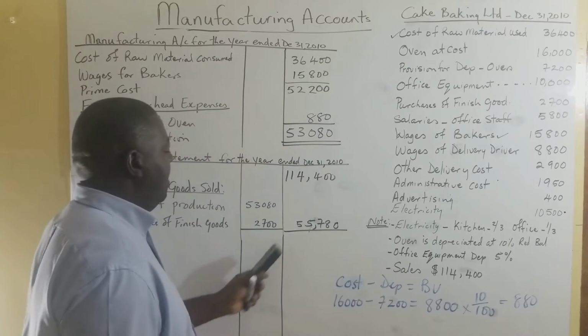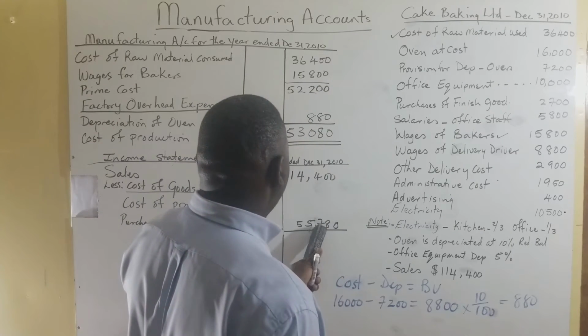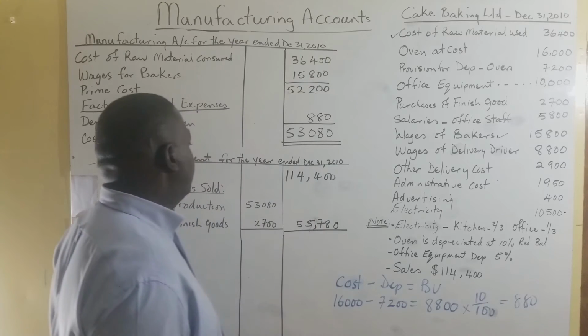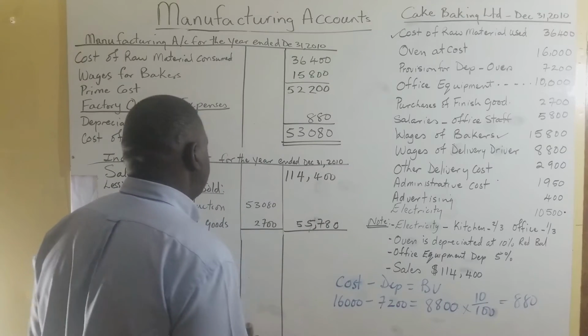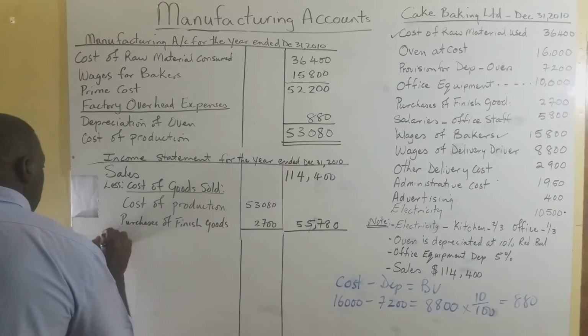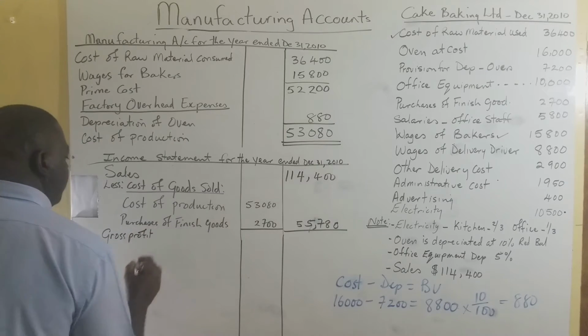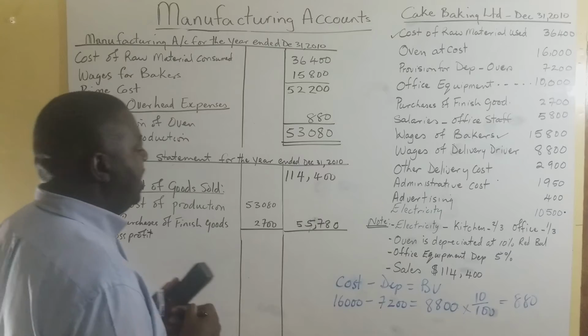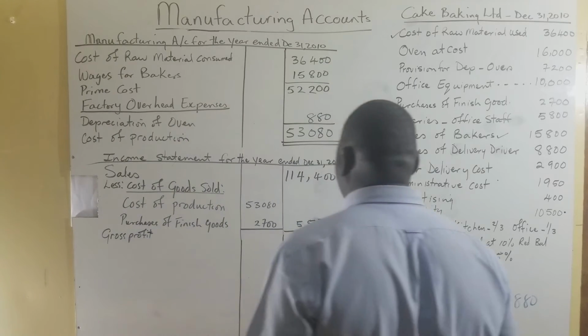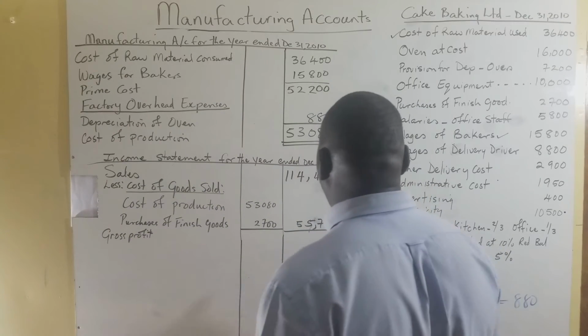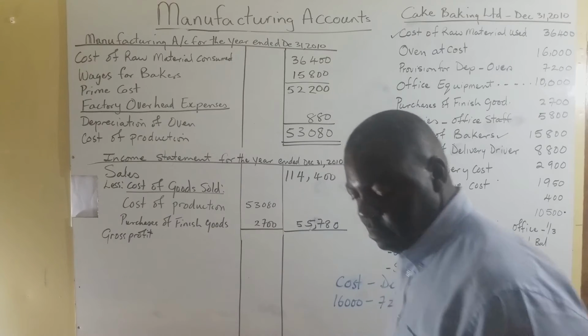We're going to subtract this cost, which is our cost of goods sold, from our sales, and the answer we get will be representing our gross profit.